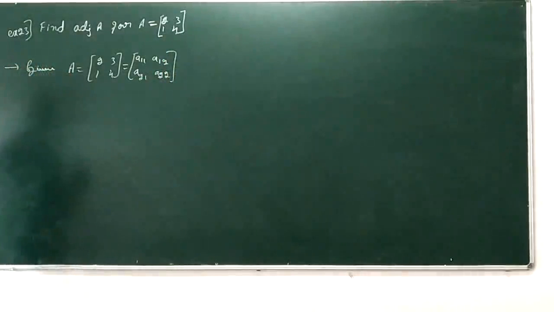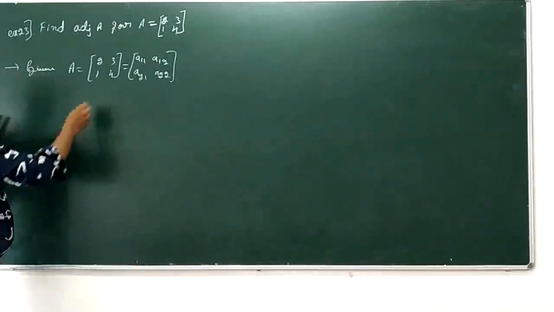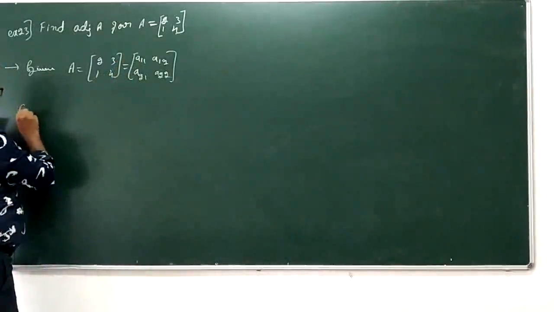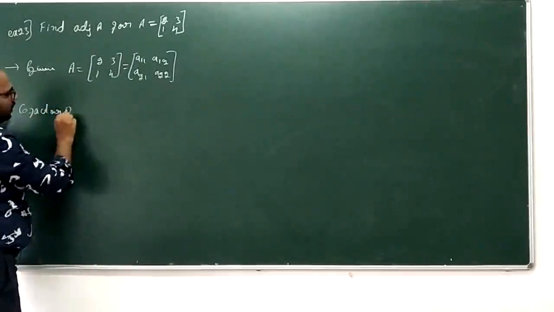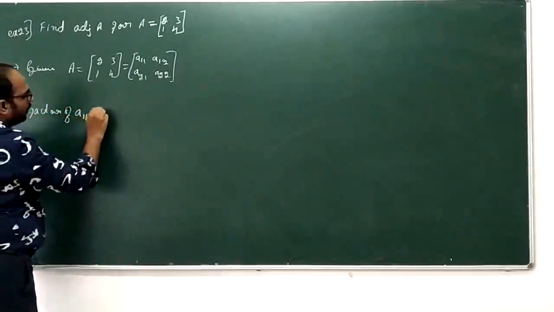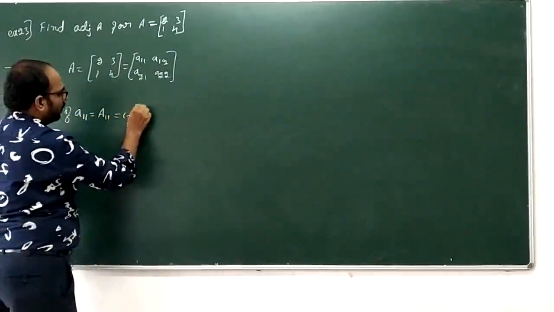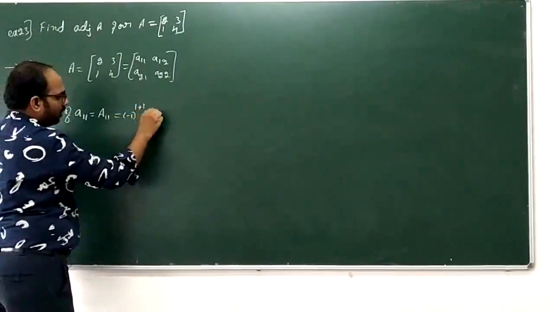To find the cofactor, cofactor of A11 is equal to minus 1 to the power of 1 plus 1 into minor of M11.